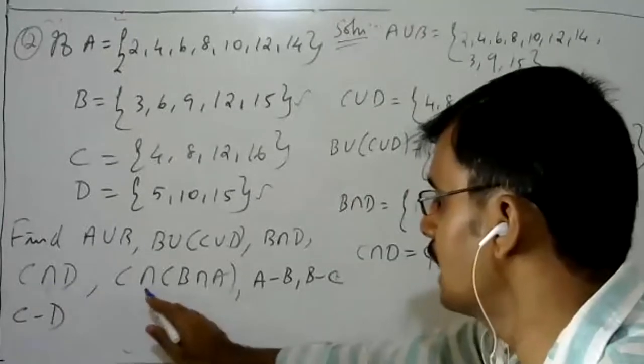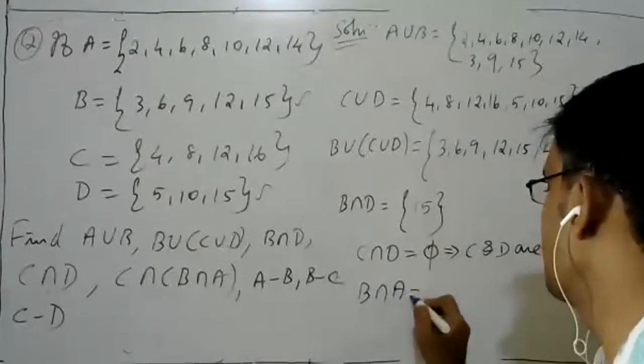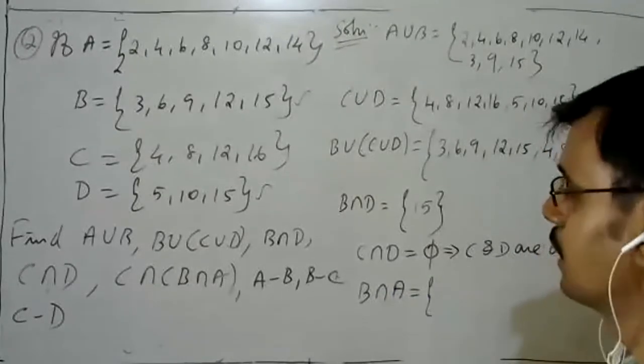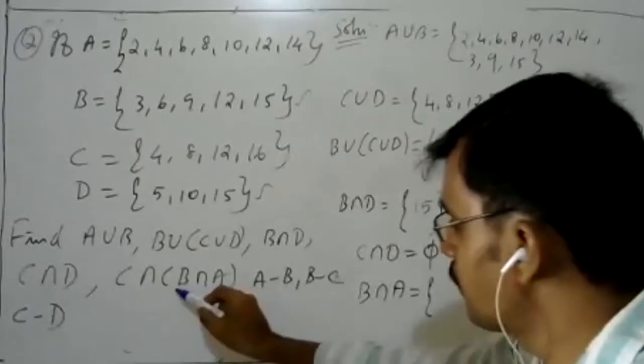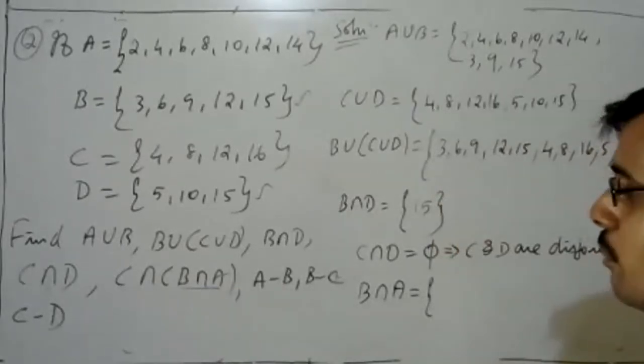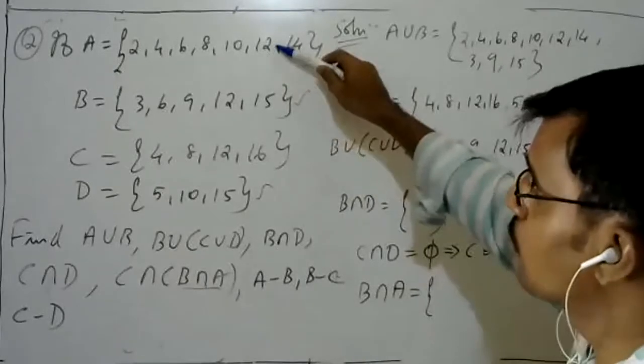Now come to C intersection B intersection A. First of all, find B intersection A, the bracket first. What is B intersection A or A intersection B? Both are the same.